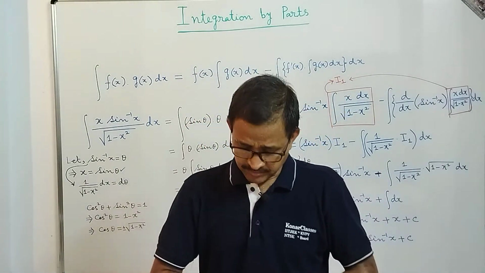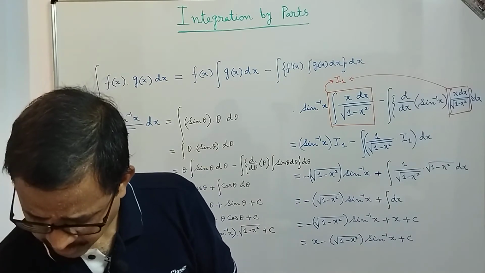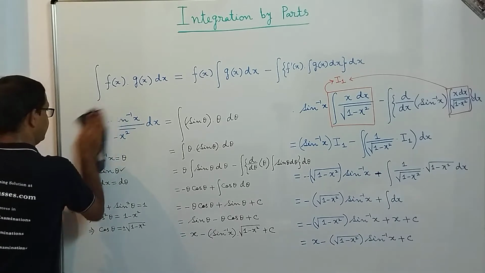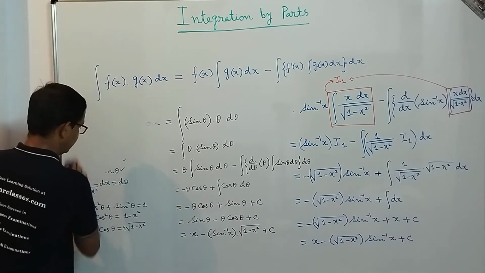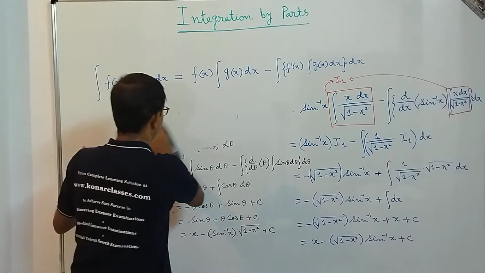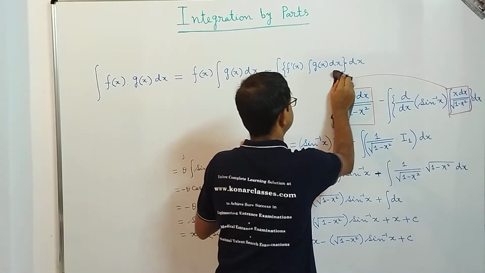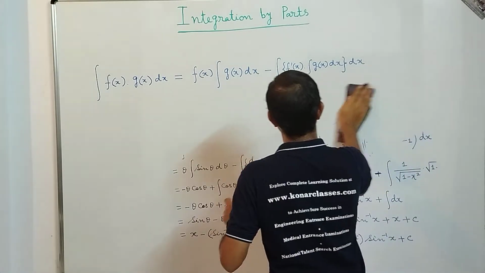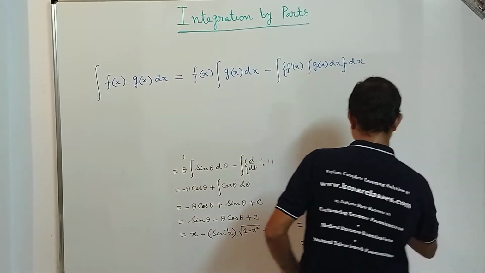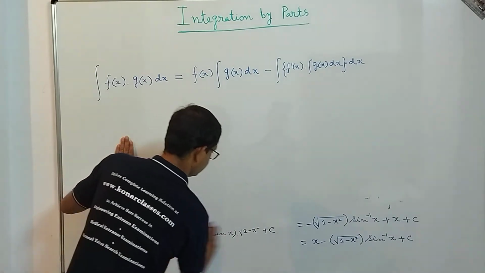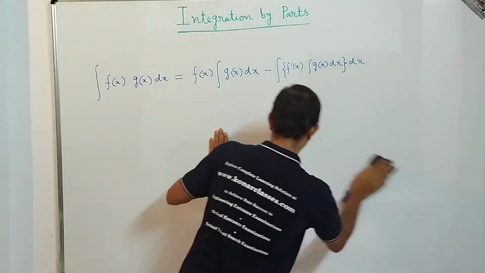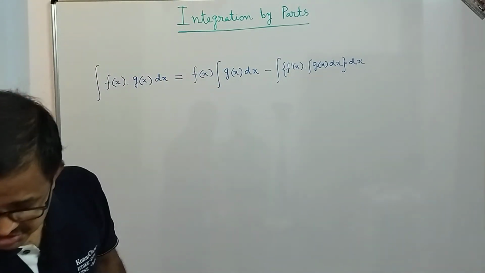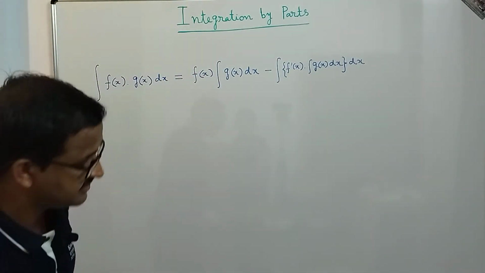Okay, so now I am going to solve a different type of question. So the question here, dear students, is how to perform the integration of e power x sin x dx.